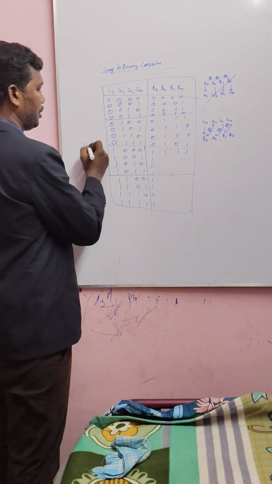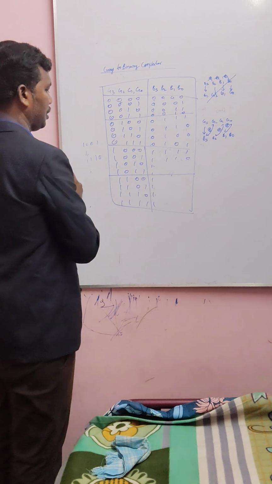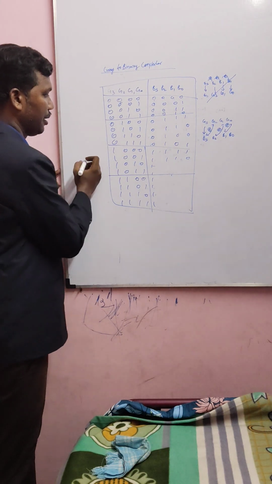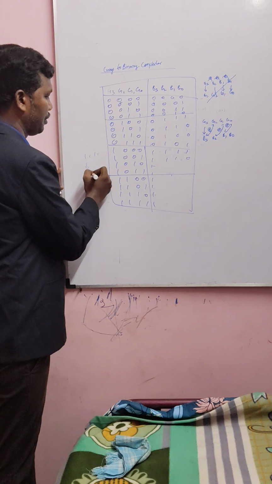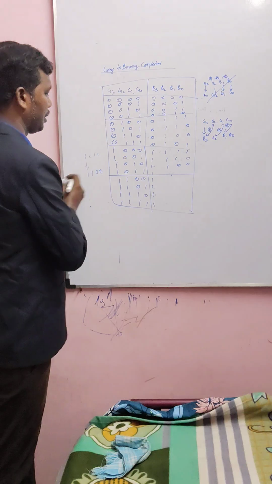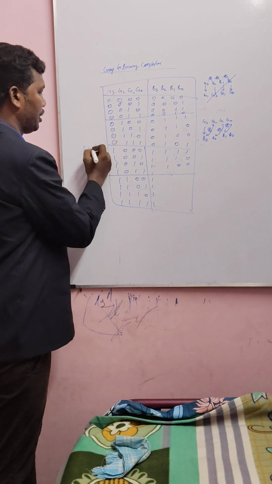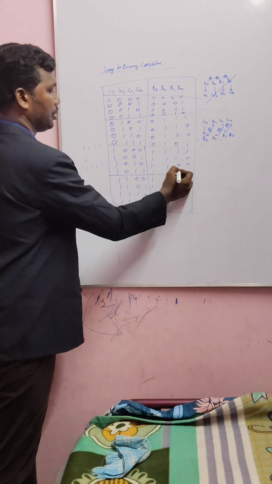So 1 is 1, then 1, 1, and 0, giving 1110. Then come to the next case. Hope you are following and writing. Then 1010: 1 will come, and this will be 1, giving 1100. Then come to the next, 1011. The first will be 1, and this is 1 and 0 and 1, so 1101.